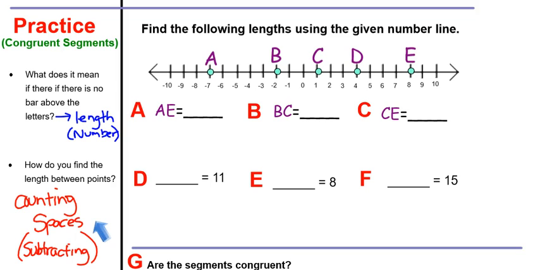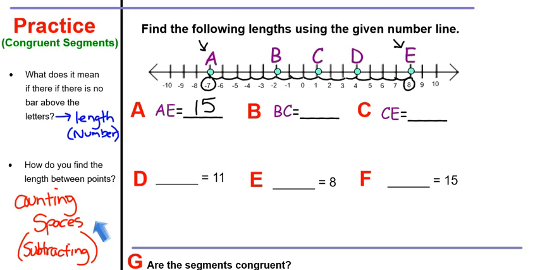First question, A to E. Find A, find E, and find out how many spaces there are between A and E. So if we look here, 1, 2, 3, 4, 5, there's our first 5, 6, 7, 8, 9, 10, 11, 12, 13, 14, 15 spaces between A and E. What's a little faster way of doing that?